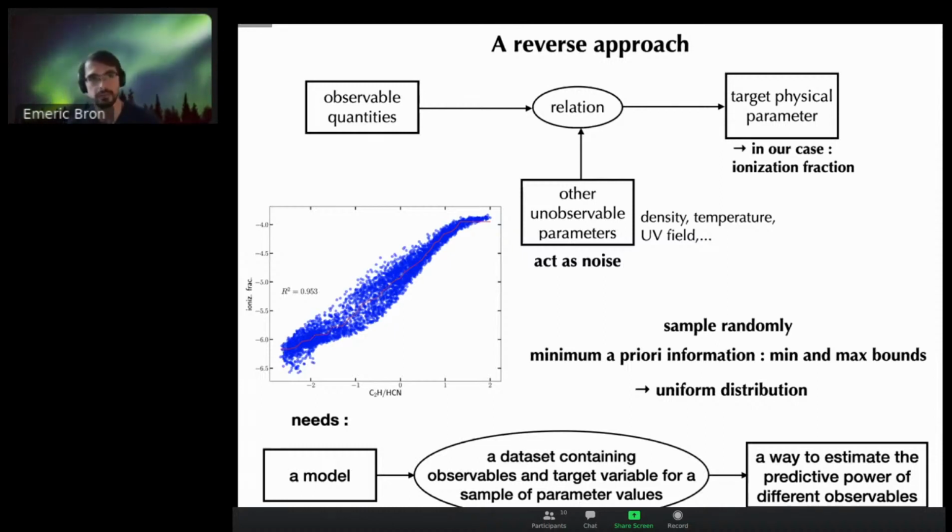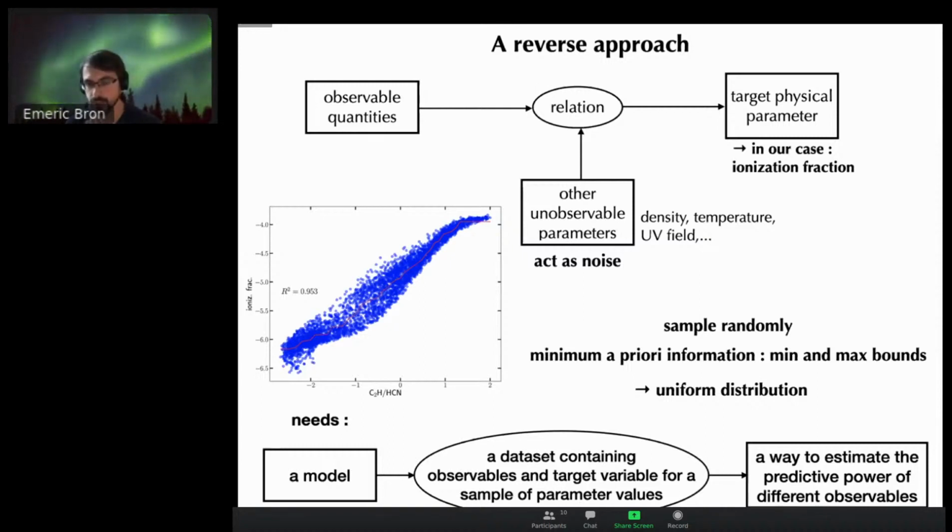Well, separately, we have started to try applying this method to predicting other physical parameters. And we see, for instance, that ionization fraction is one of the parameters which we can best predict from those chemical species. But the idea of predicting several of those parameters at once, we haven't tried yet.